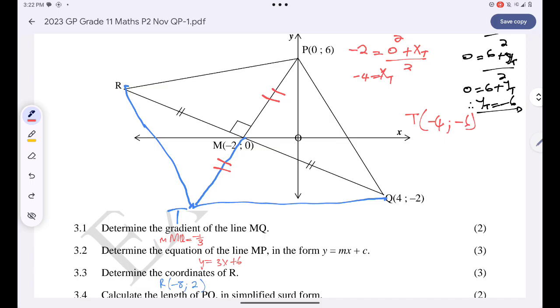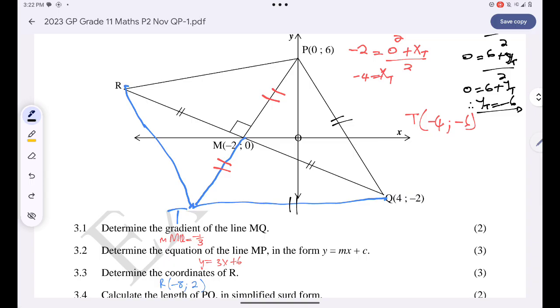So if you can show that the length of QT is equal to the length of QP, we can therefore conclude that this type of parallelogram is a rhombus. There are only two parallelograms whereby the adjacent sides are equal. It's only a rhombus and a square.